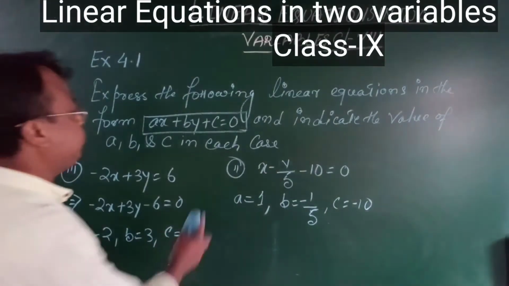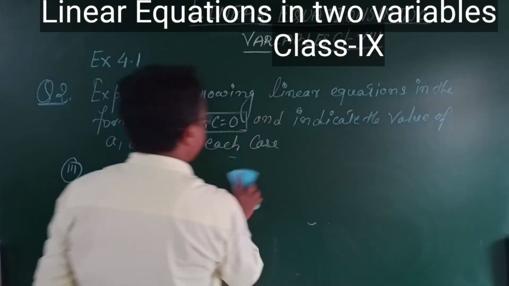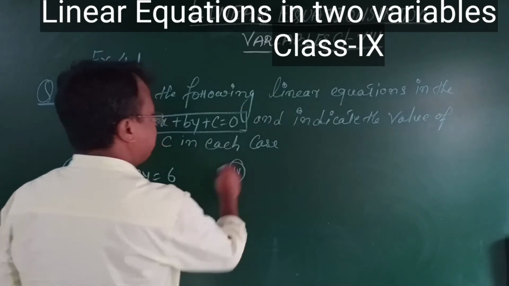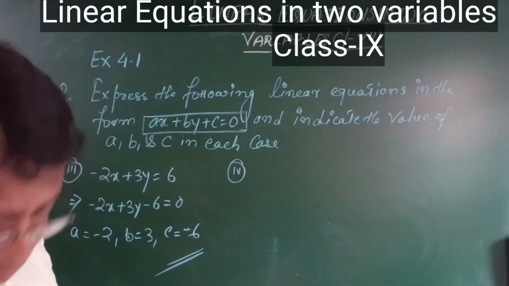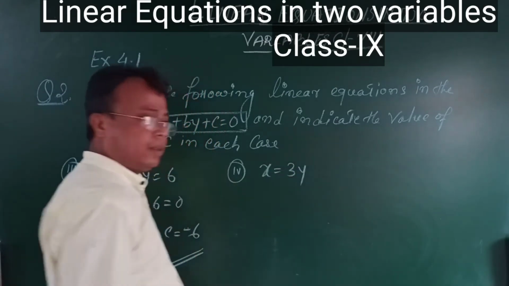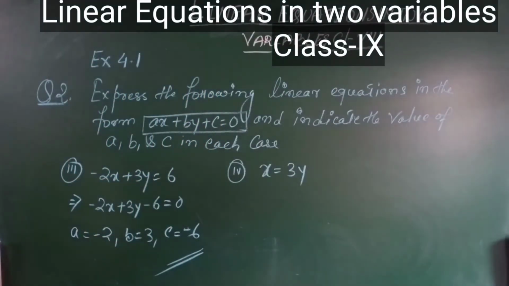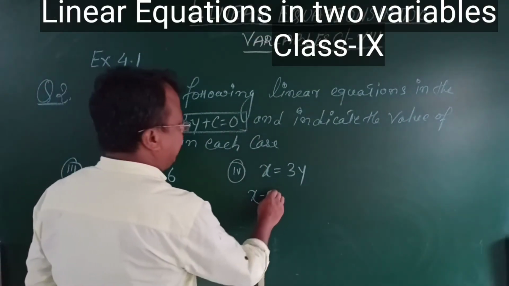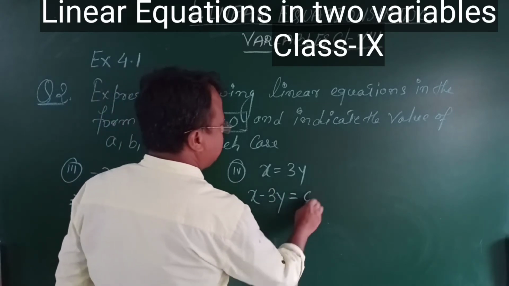Now come to question number 4. What does question number 4 say? It is x is equal to 3y. Correct? So it is also not in standard form. Bring it into standard form first. If we transpose this 3y to the left side, it becomes x minus 3y is equal to 0.